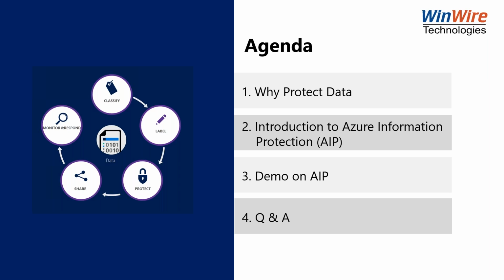So everybody from the IT team had control over the data and how information is shared across the organization, right? But in today's day and age, that's not the case anymore. With cloud, you have PaaS offerings, SaaS offerings. The data is everywhere. So that is the reason information protection is very important.